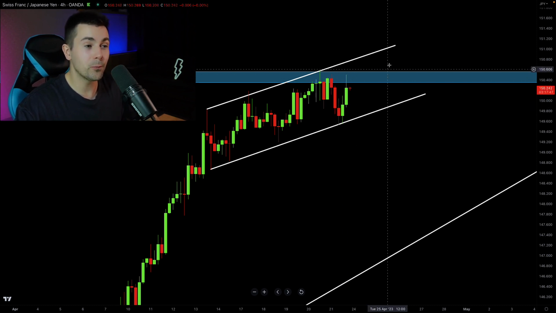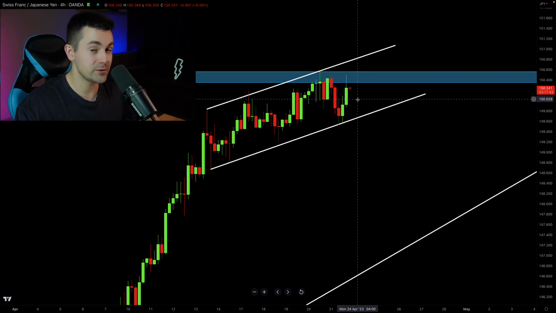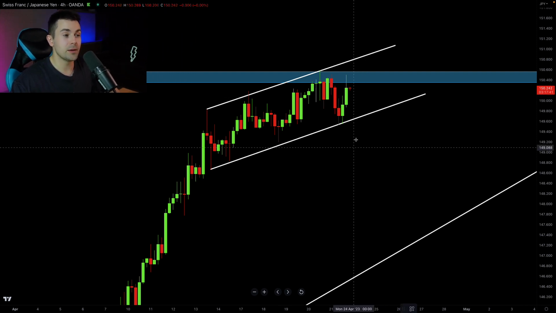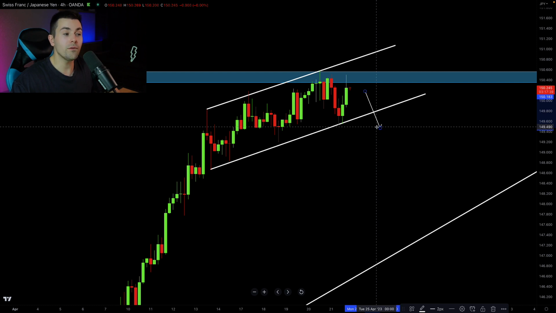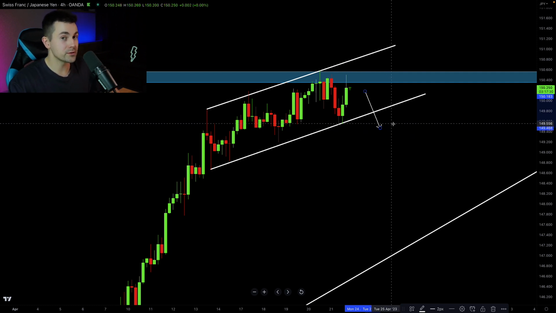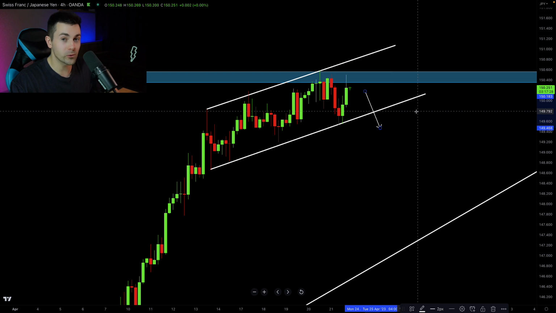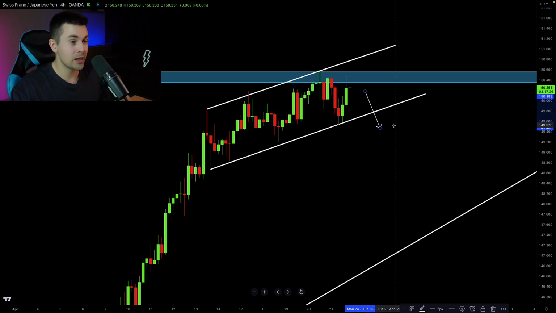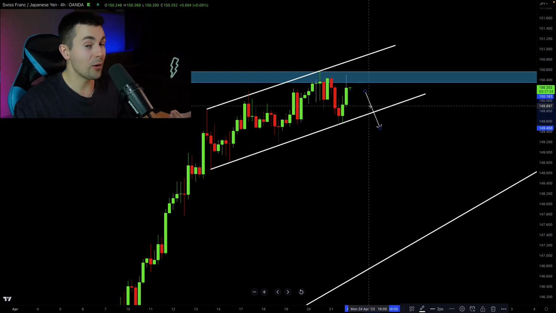Bulls keep pushing the price higher and higher within the boundaries of the channel. However, a bearish breakout of the support of the channel will be a very important bearish signal. It will signify the willingness of sellers to break the structures and to push. And that will be our confirmation.